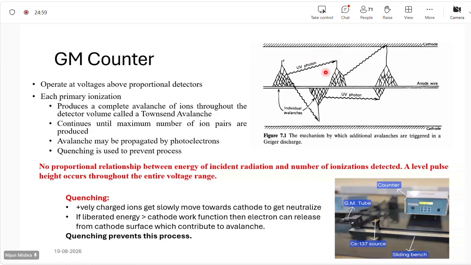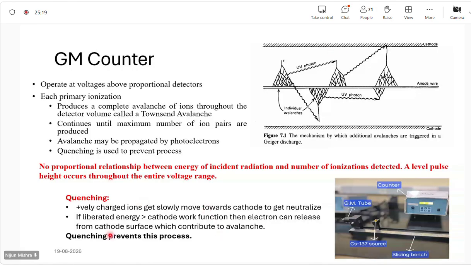During neutralization some energy is released, and if that energy is greater than the cathode work function, then an electron can be released from the cathode surface and contribute to the avalanche. So we should prevent that. In order to prevent that, quenching gases are used.